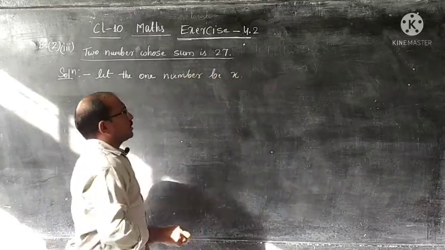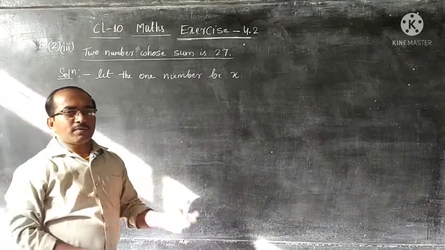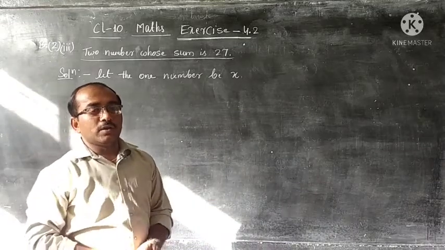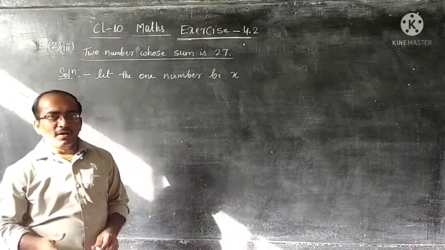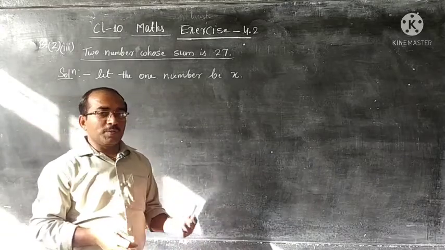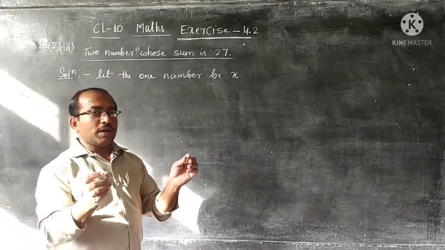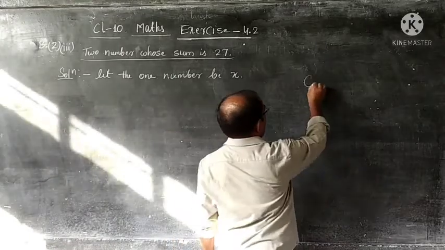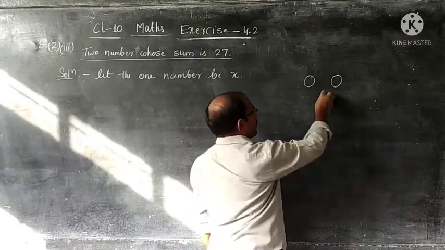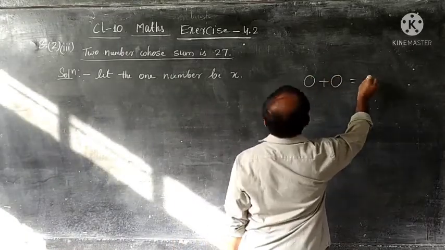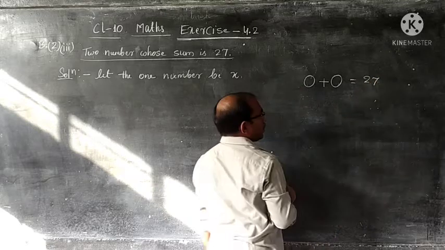So what will be the other number? Some children will say very immediately x plus 27. But no, it won't be x plus 27. When we are adding two numbers, one number plus the other number is equal to 27.